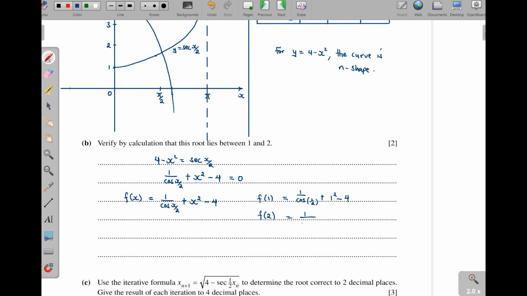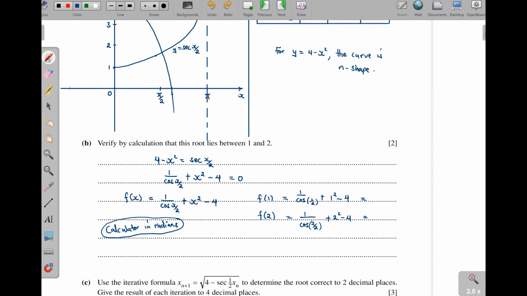Then this will be 1 over the cosine of 2 over 2, of course, which is a 1, then plus 2 squared, then minus 4. What do we get here? Here, the calculator must be in radians, since we are having a cosine function. So let's get the values here.